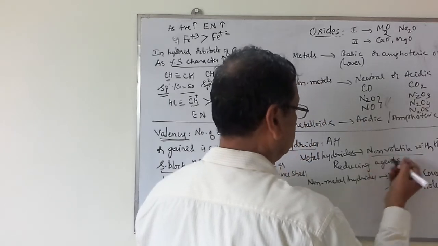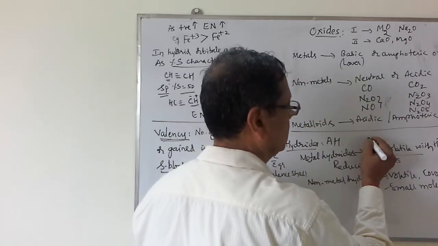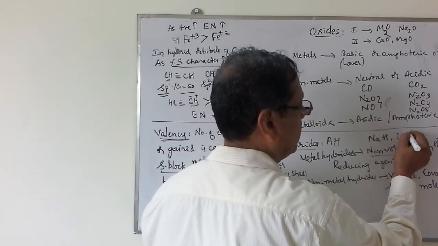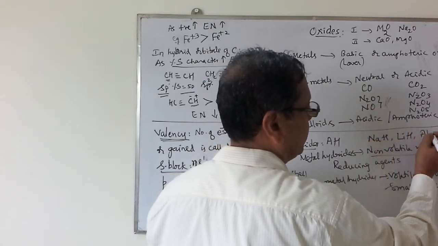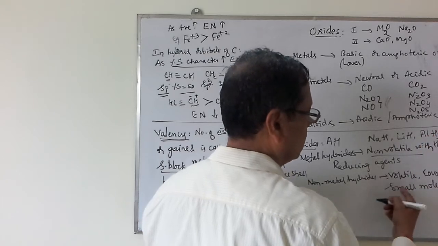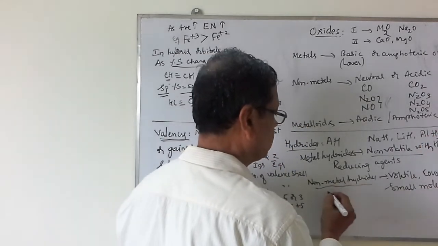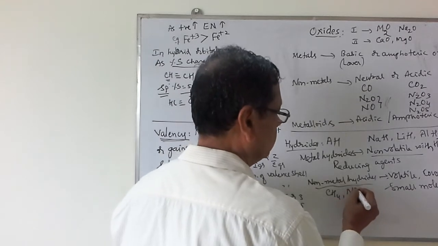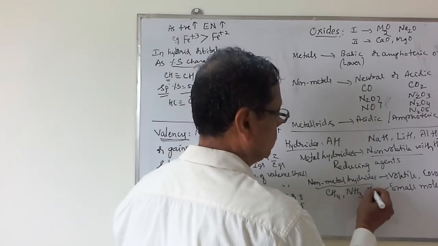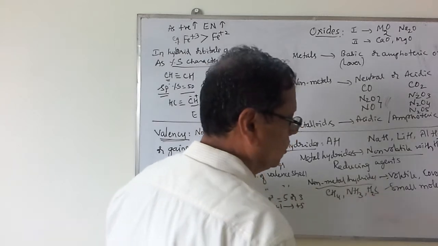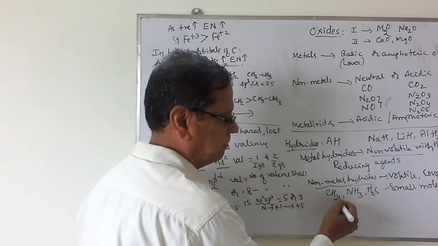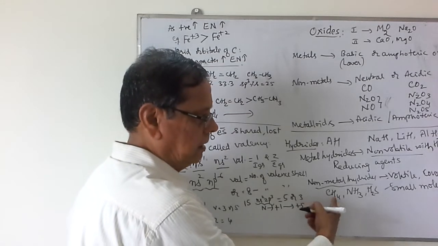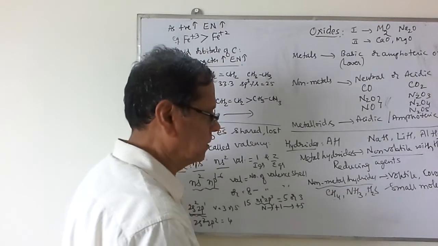For example, among metal hydrides, you can take sodium hydride, lithium hydride, aluminium hydride, AlH3, etc. Among non-metal hydrides, we can take methane, then ammonia, H2S. These are volatile, present in the gaseous state. So they are covalent in nature and they exist as small molecules.